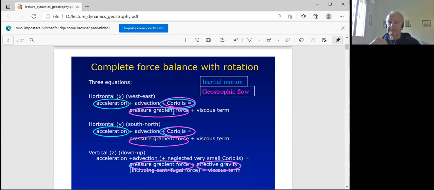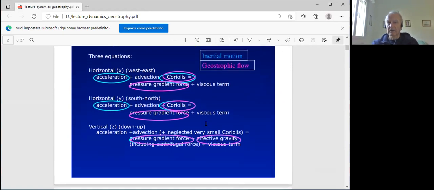We can neglect advection also because we are talking about very weak vertical motions. These very weak vertical motions are present everywhere except in the dense water formation areas, the vertical convection areas, and these are very limited space-time processes. That means that in general we can neglect the advection, so we have the pressure gradient force and effective gravity in the equations of motion.